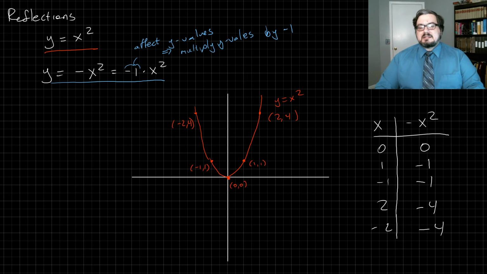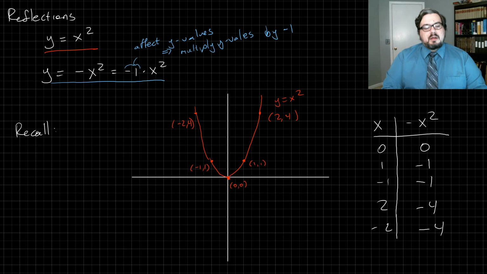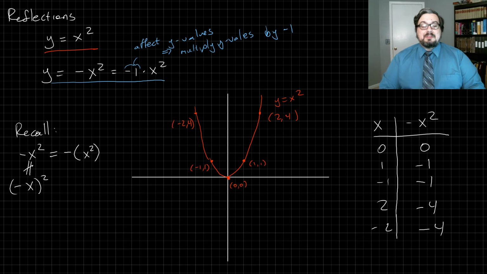A momentary aside, remember that there's a difference between the expressions negative x, squared, and negative x squared. These two are not the same. The correct way to interpret negative x squared without any parentheses is to put the parentheses around the x squared.